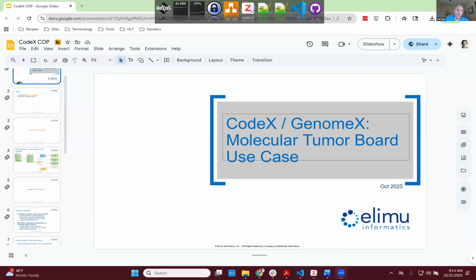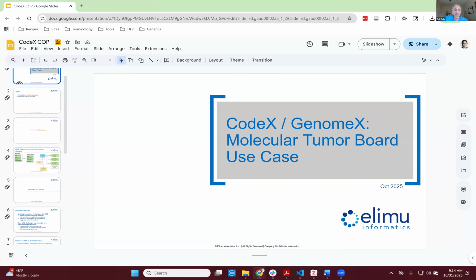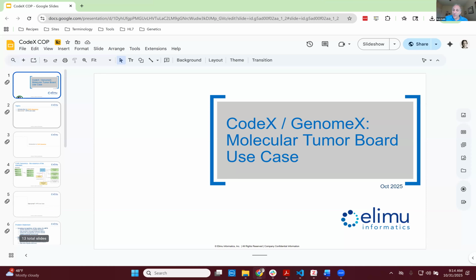Thank you for that. I think it's really cool to see firsthand that these molecular tumor boards are living, breathing entities that are currently being used today to treat patients. And what we're finding is that a lot of the challenges that Yuri was talking about are potentially amenable to standards-based solutions.